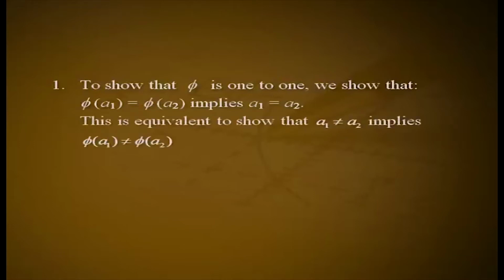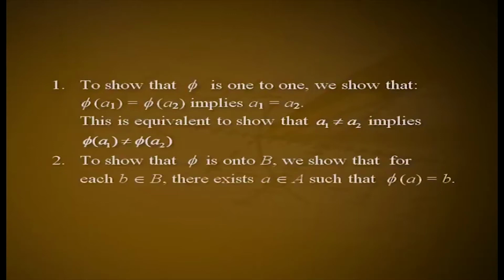Method of verifying whether a function is one-to-one or onto. 1. To show that phi is one-to-one, we show that phi of a1 is equal to phi of a2 implies a1 is equal to a2. This is equivalent to showing that a1 not equal to a2 implies phi of a1 not equal to phi of a2. 2.